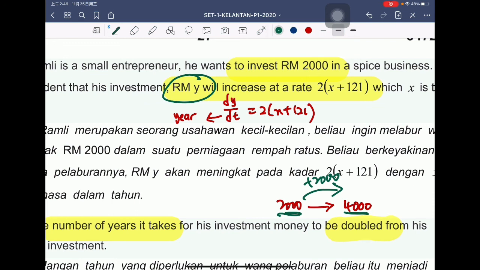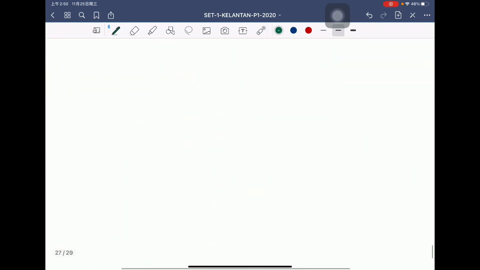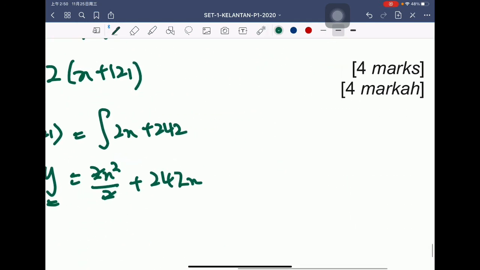So this 2,000 ringgit is actually the value of y, because RM y will increase at a rate of 2(x plus 121). So the amount of money that will increase is 2,000 ringgit, so that when it comes to the final year, I can get 4,000 ringgit back.